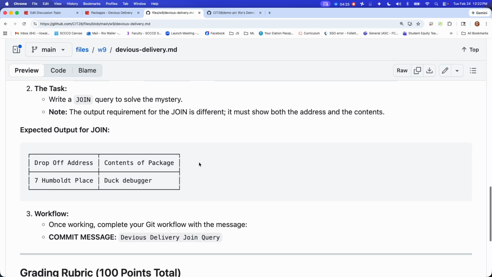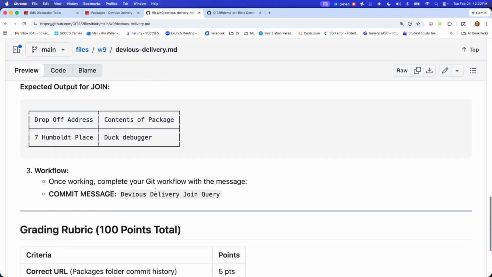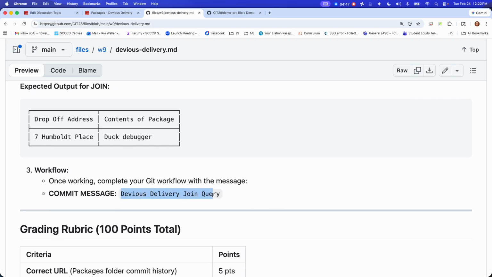The difference is that this is one of the distinctions of a join: you can output more content. So I not only want the drop-off address, but also the contents of the package. Once you have all that working, you would commit with your dubious delivery message.